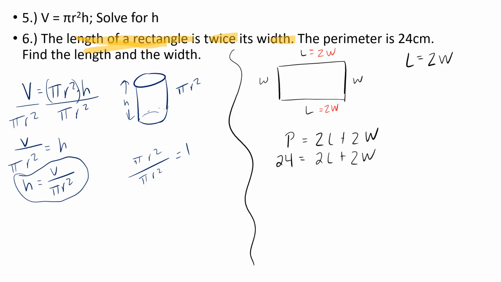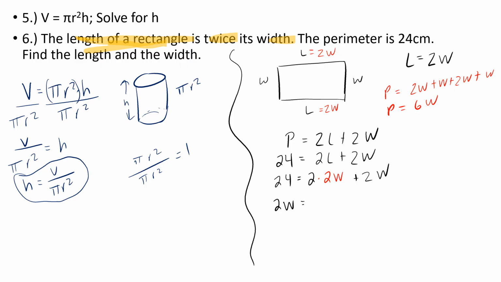So my perimeter, I could now write as 2w plus w plus another 2w plus w, which is how many w's? 1, 2, 3, 4, 5, 6 w's. Or you can do that right here. And you can say, instead of the length, L, we can plug in 2w.